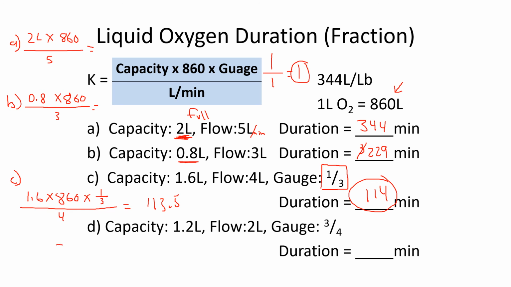So for D, just set it up the same way. Our container is 1.2 liters. The conversion factor is 860 liters of gas per liquid, and our gauge is reading 3/4. We are delivering, yeah, you can use 0.75. Fractions, decimal, percentages.